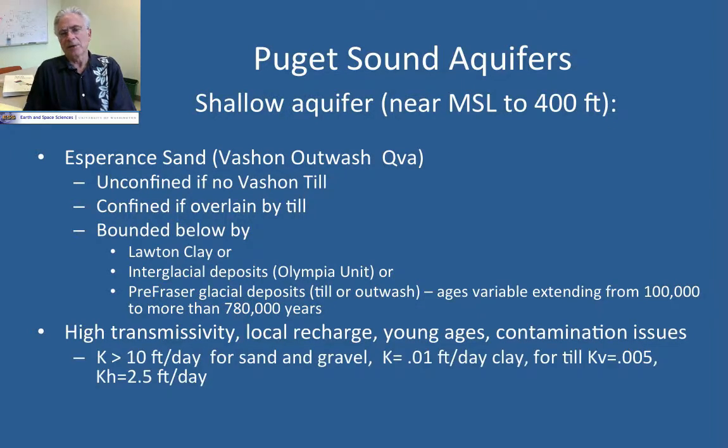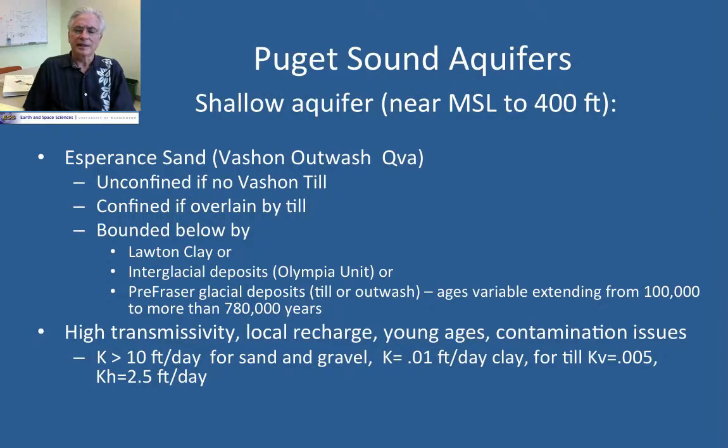So a typical value for the hydraulic conductivity in the QVA is more than 10 feet per day. In the Lawton clay, the hydraulic conductivity tends to be less than 1/100th of a foot per day, and the vertical conductivity is 5/1000ths of a foot per day.